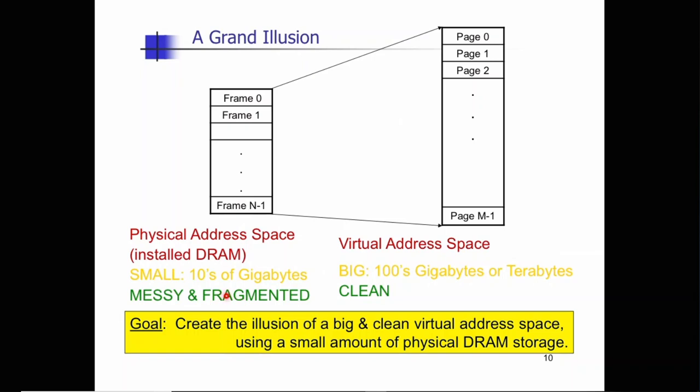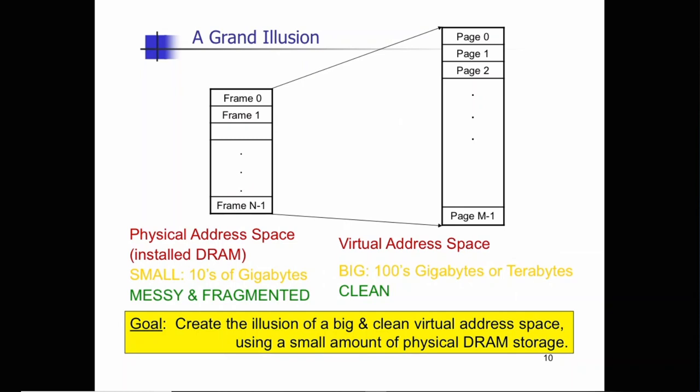Why is the physical address space fragmented? Because all the frames don't have to correspond to the same program, and it doesn't have to be contiguous. So frame 0 could correspond to program 1, program 2, program 3. They could all, so it's going to turn out to be a fragmented physical address space.